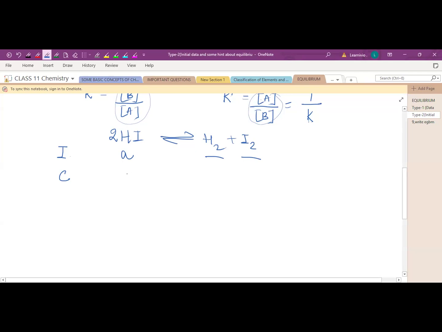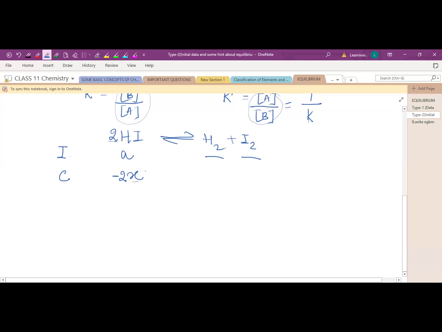Suppose let it be X. Since it is 2 moles, I will write minus 2x. Why minus 2x? Because it's decreasing. And this x has been used, this x has been added to the concentration of product.